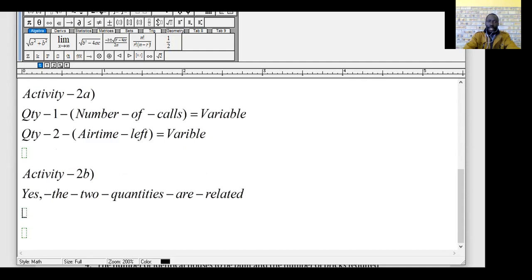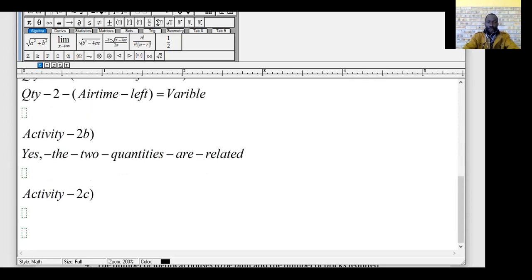The next question is how. How are the two related? This is now going to be question 2, part C. Well, they are related in the sense that as the number of calls increases, the airtime left decreases. Because they're asking the how, they want you to describe how the two quantities are related.